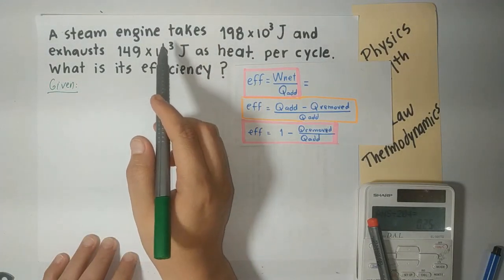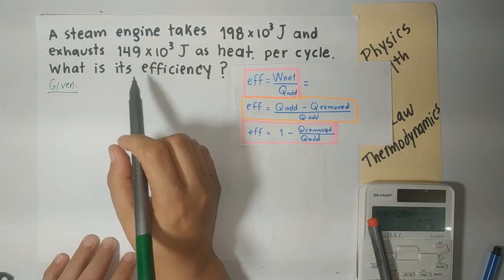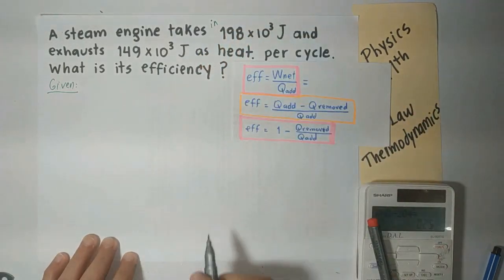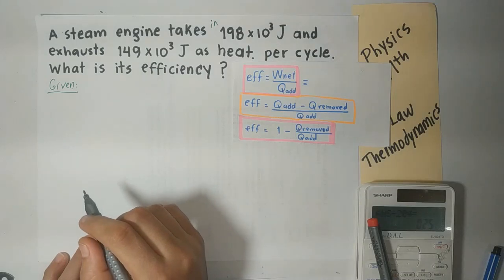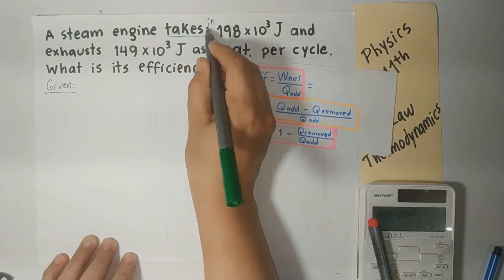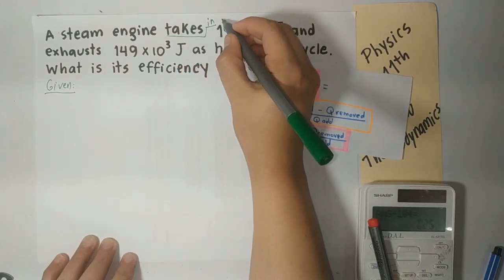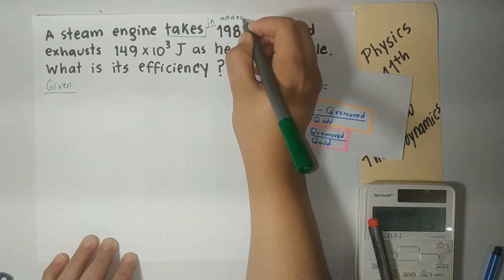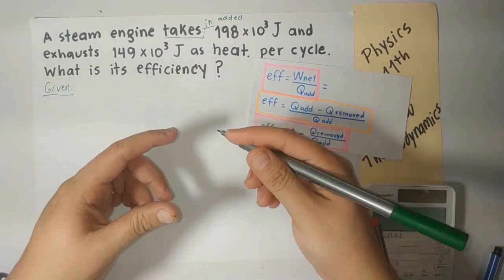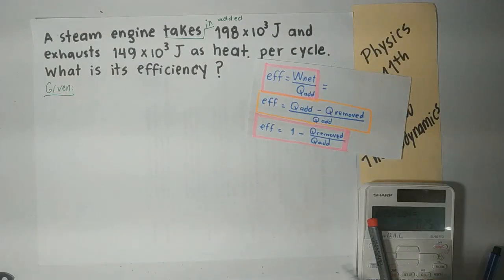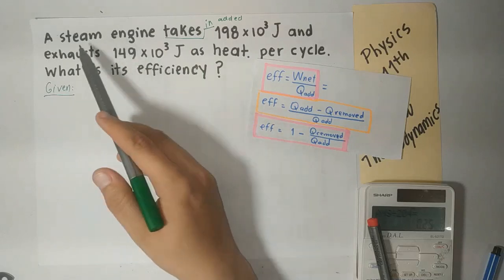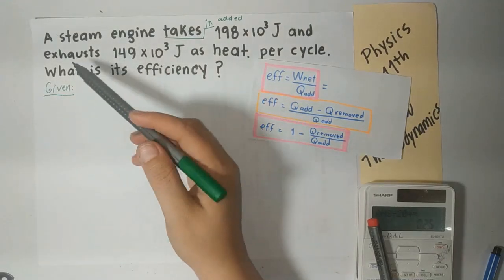Okay, it says a steam engine takes in 198 times 10 to the third power joules. When you read "takes in," we know that this is added. Imagine this engine is digging in steam.